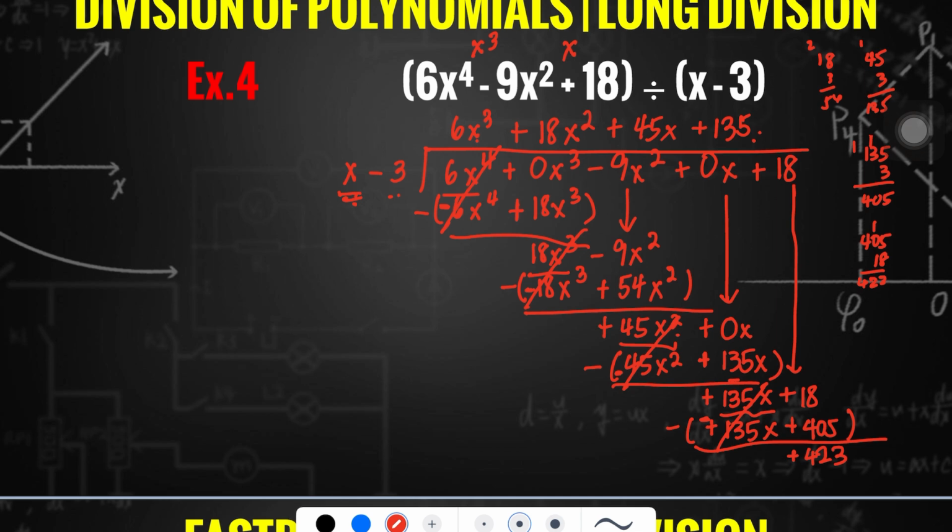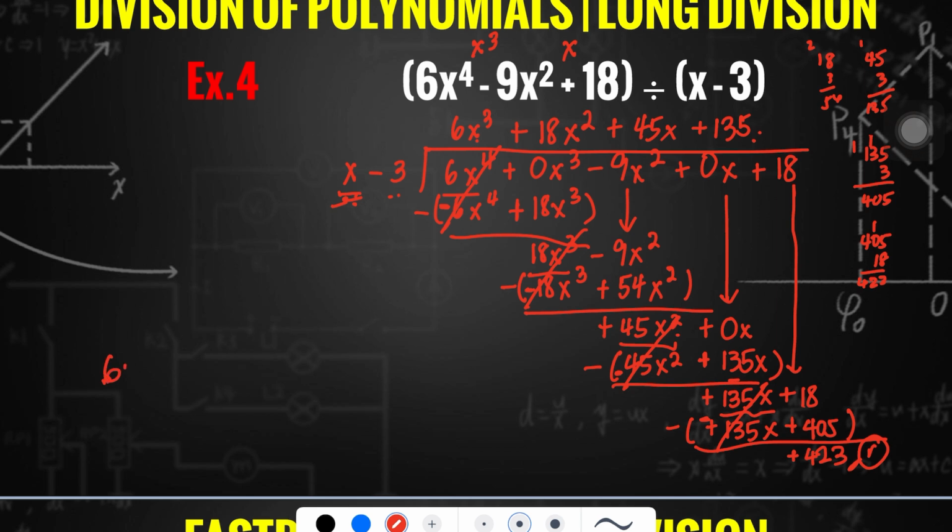Okay, guys. However, we cannot divide 423 by x. So we stop right here. So this is your remainder. We have to write it how? I'm going to rewrite everything here at the side.